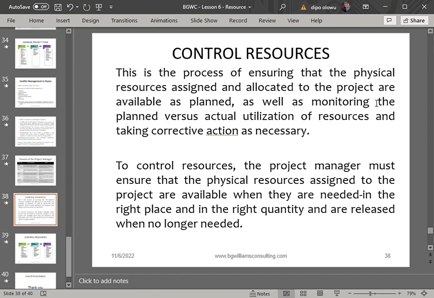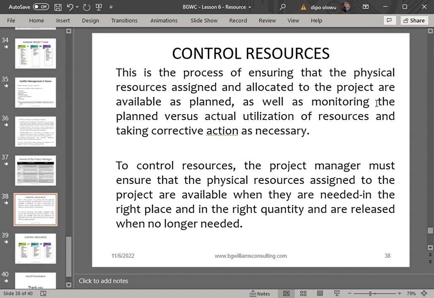So if we have planned that we need a caterpillar, control resources is that aspect of ensuring that the caterpillar is available and it is being used as planned. So control resources is that aspect of the project where the project manager monitors the use of the resources that was planned for and the actual utilization of those resources.